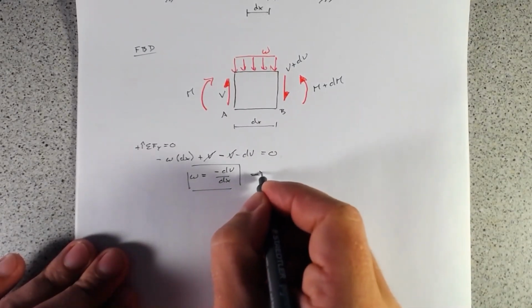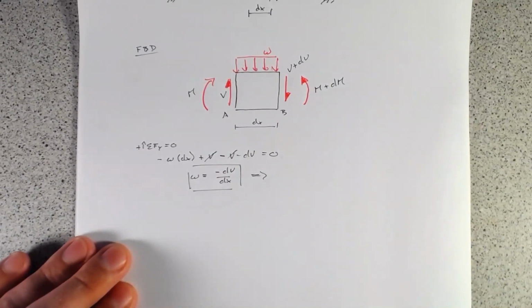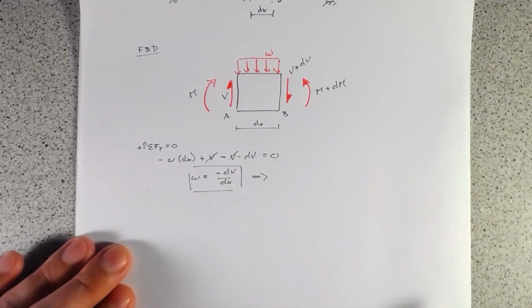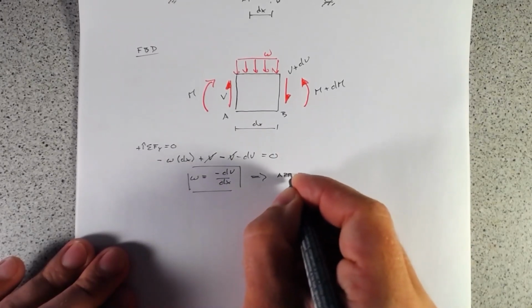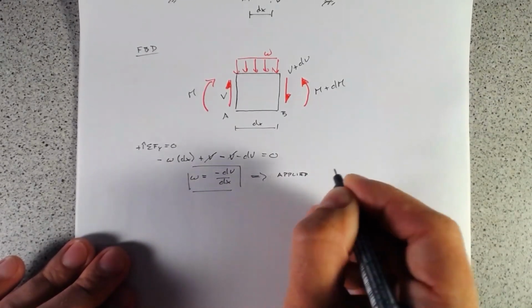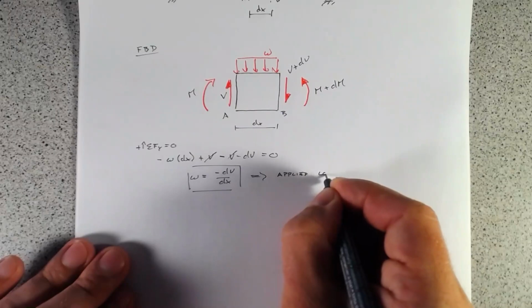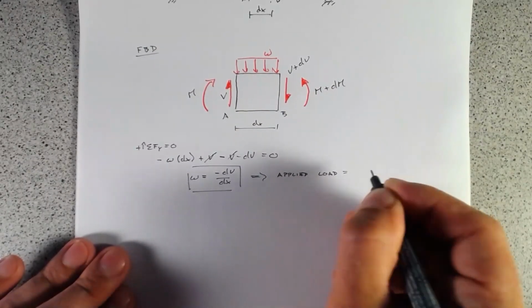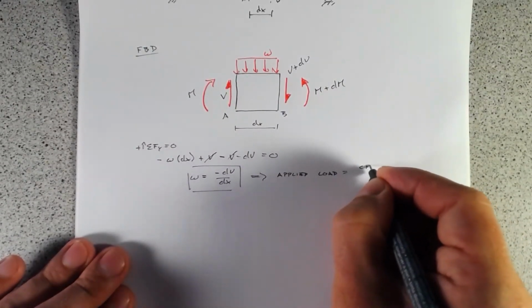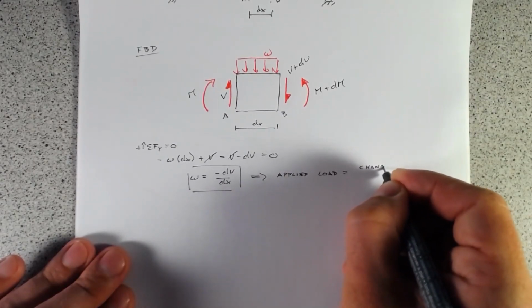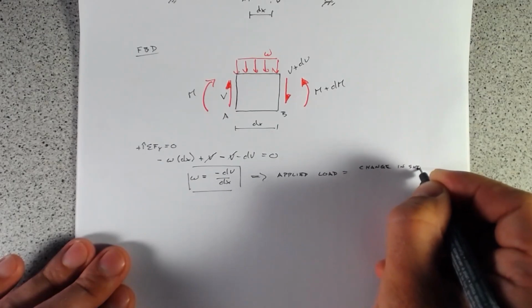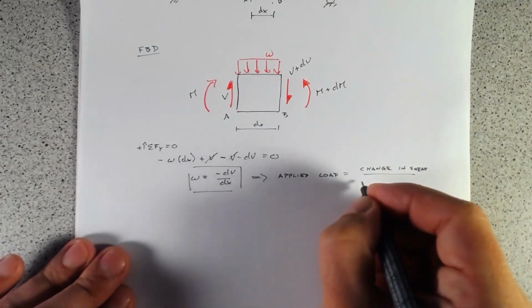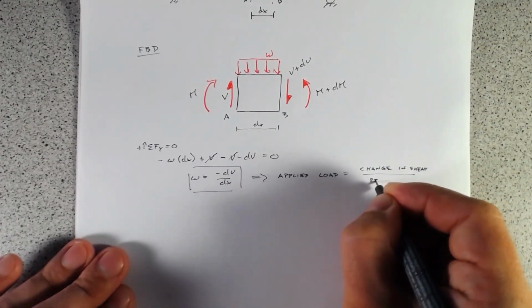And what does this tell you? Well, we now have a relationship between our load and the derivative of the shear. So the applied load is going to be equal to the change in shear per unit length.